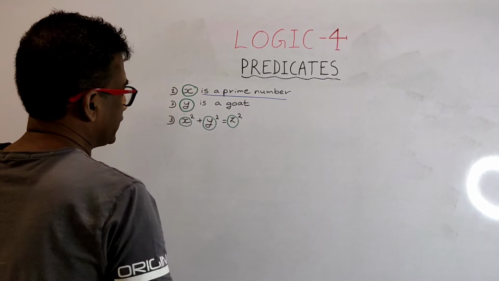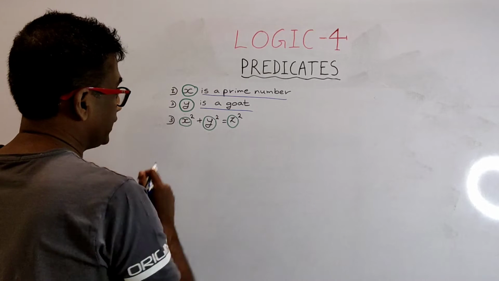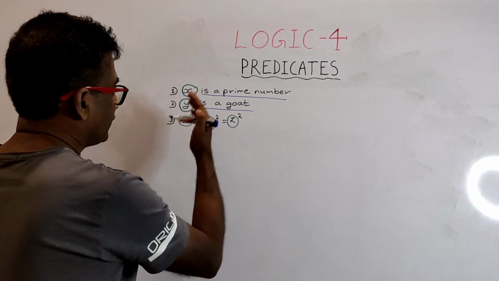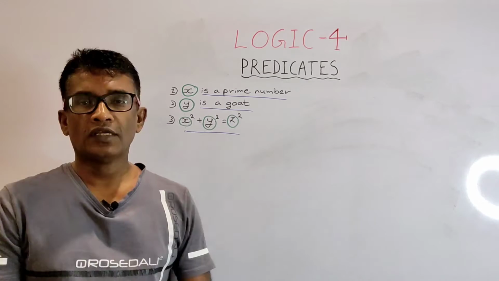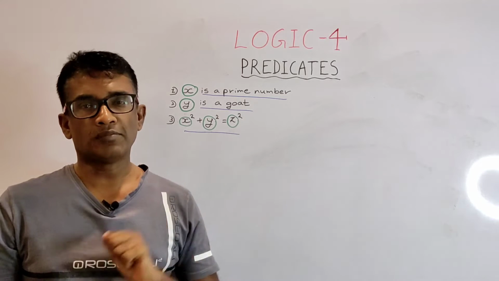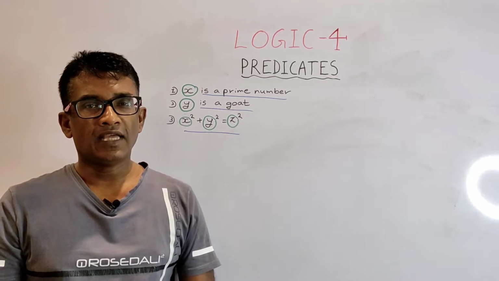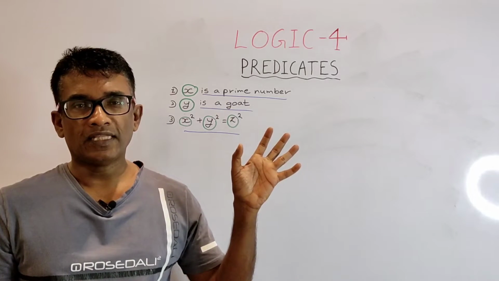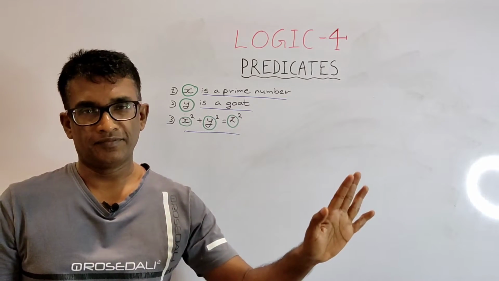In the second predicate, the property is being a goat. In the third predicate, the property is x squared plus y squared equals z squared. So, a predicate is composed of a variable or variables and a property that these variable or variables are said to possess.